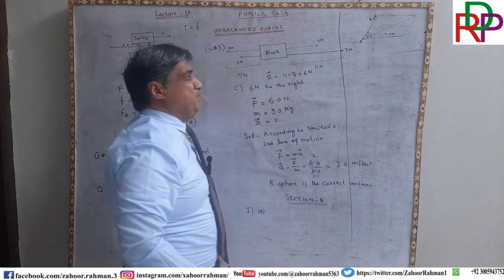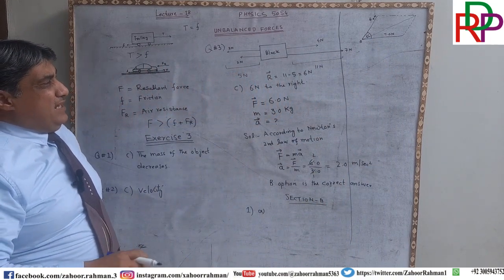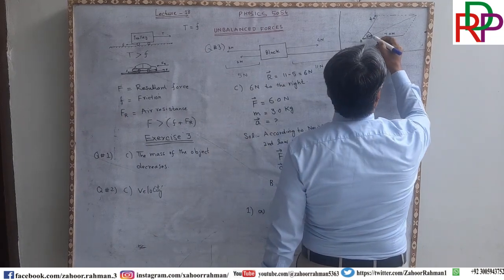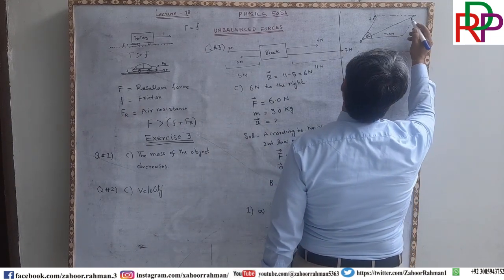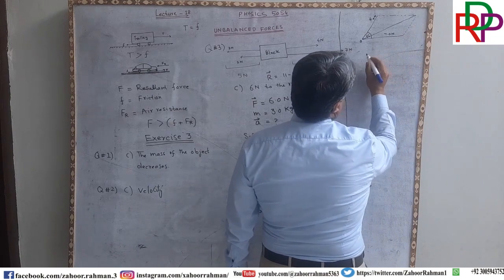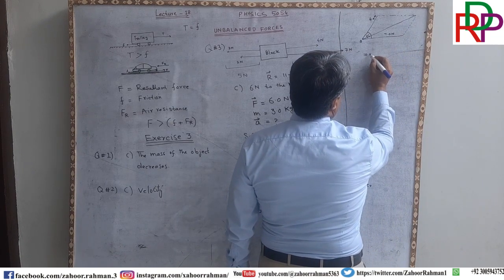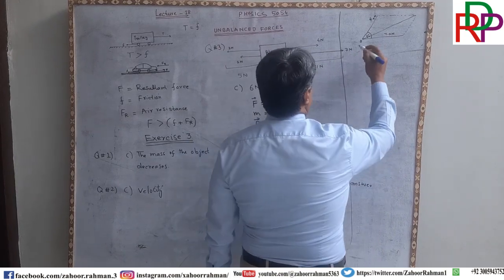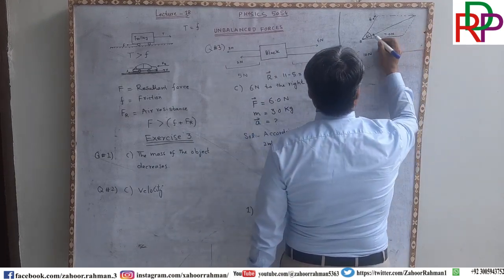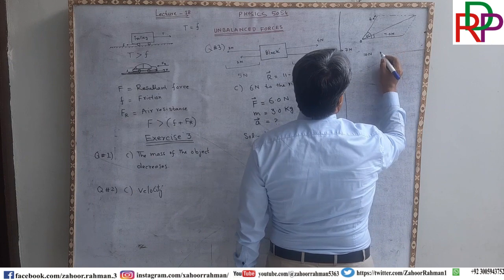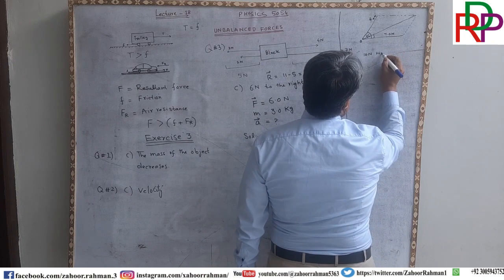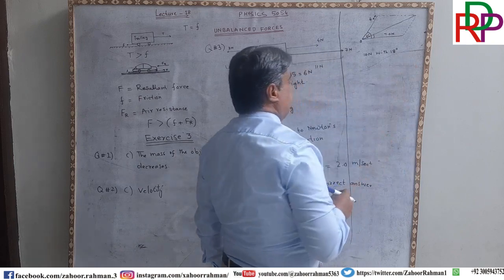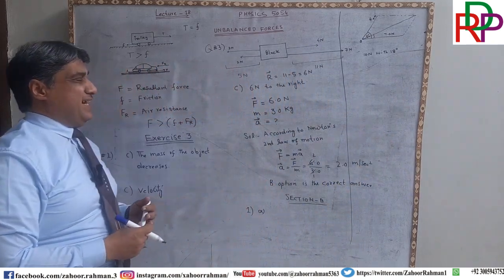So when you measure, I did it practically. When you measure this line, which is the resultant force, it will be 10 centimeters. So we are saying 10 Newton. And the direction will be 18 degrees. So this is the answer.